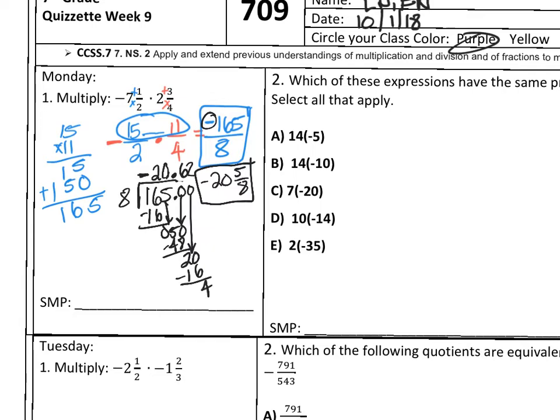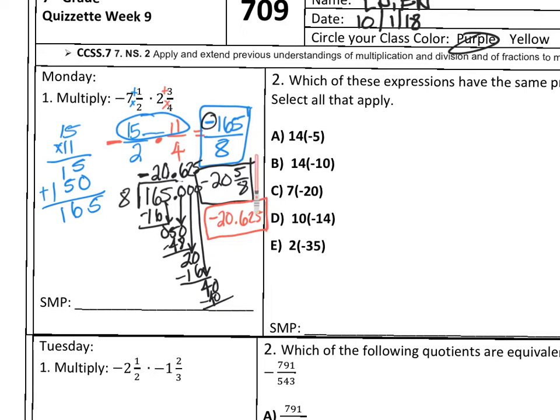And I'm going to do one more 0. 8 goes into 40 5 times. And then it stops. So the decimal equivalent is negative 20.625. And I don't want you going past the thousandths place. Remember, this is the tenths, hundredths, thousandths. You'll stop at the thousandths place.